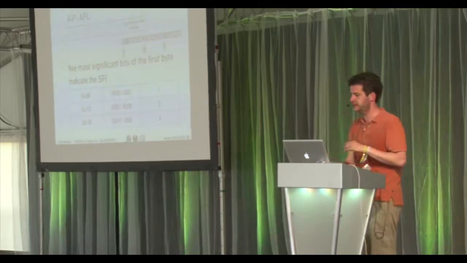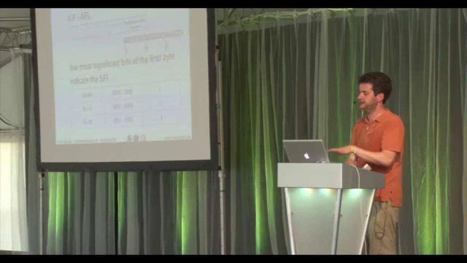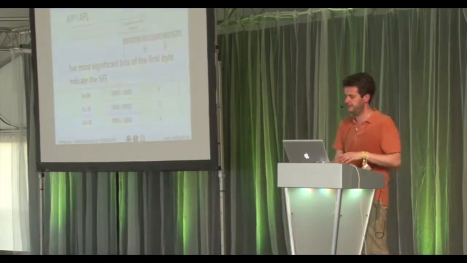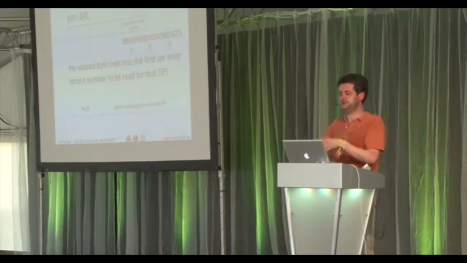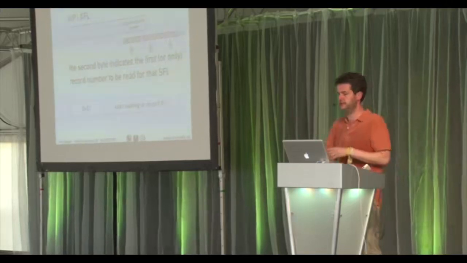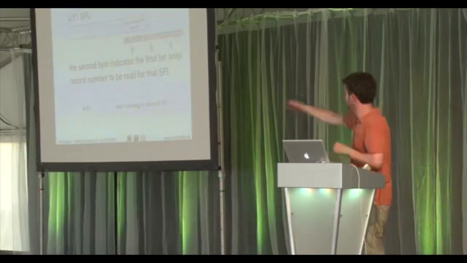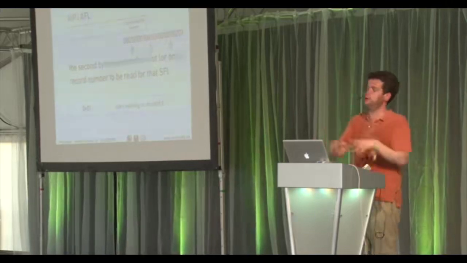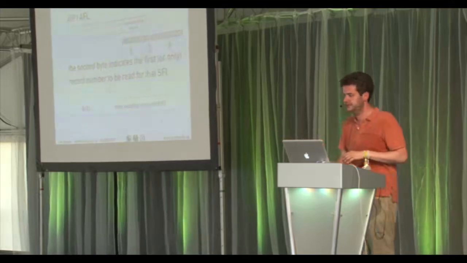So in this case, these three entries tell us, okay, we want to read from short file ID 1, 2, and 3. The second byte, so there can be a number of records in these short files, tells us at which record to start reading. Nothing is shifted here. Every single one of those says start reading short file ID 1 at record 1, start reading short file ID 2 at record 1, and so forth.